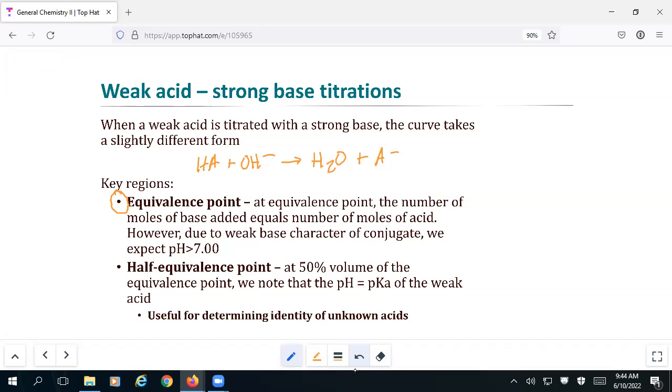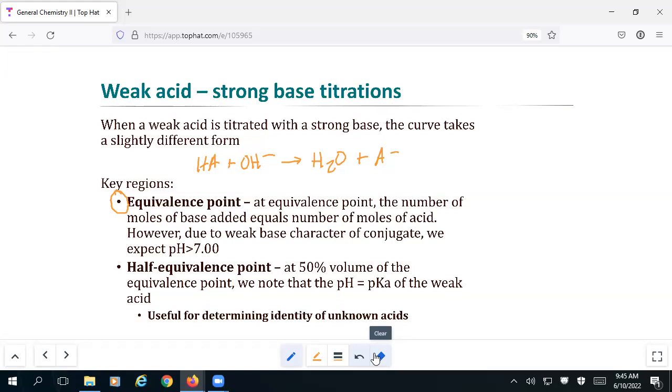Well, if we're not at the equivalence point yet, I would have conjugate base and weak acid present in the same solution at the same time. We've got a term for that. It's a buffer.